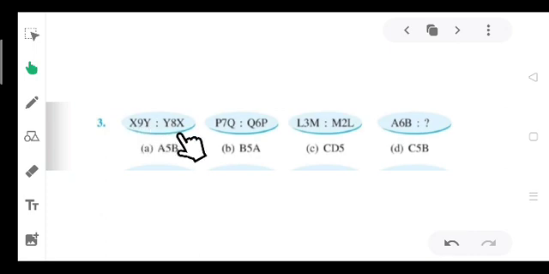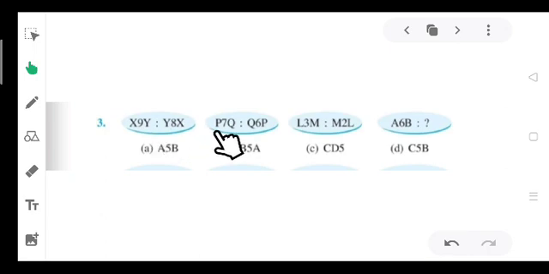X9Y, Y8X. We observe it. Which is the similarity? The letter given, then next letter. The number given, its before number 9 and then its before number 8. Then the letter Y, its before letter. So firstly after letter, and then before number, and then before letter.